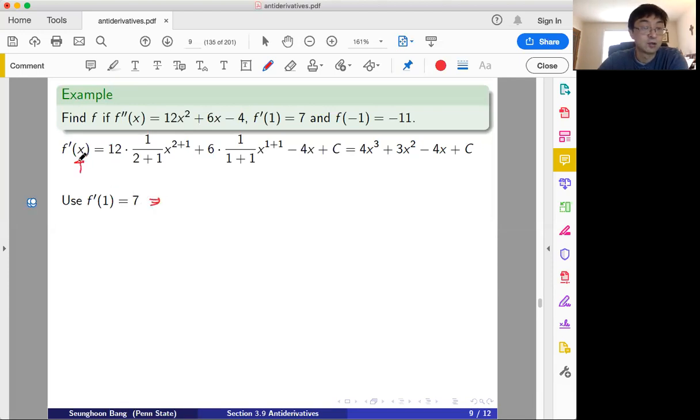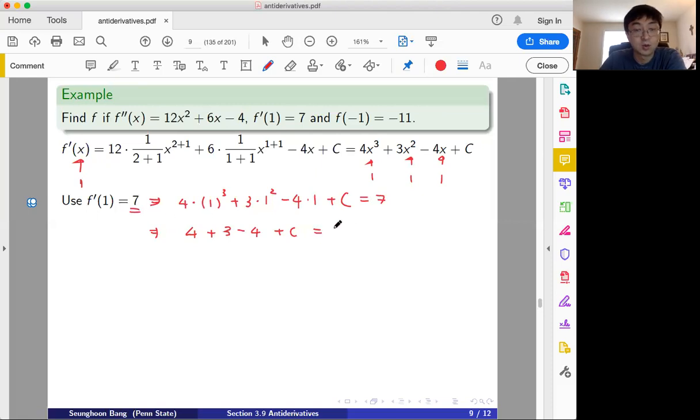You plug 1 into x. So we have 4 times 1 cubed plus 3 times 1 squared minus 4 times 1 plus c. 1 cubed is 1, only 4 plus 3 minus 4 plus c is equal to 7.